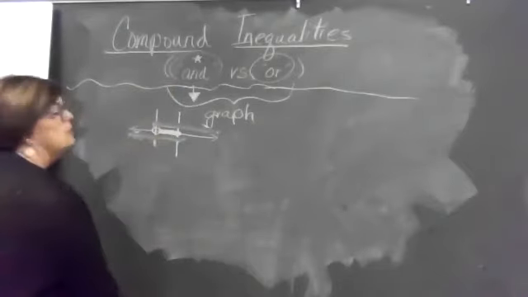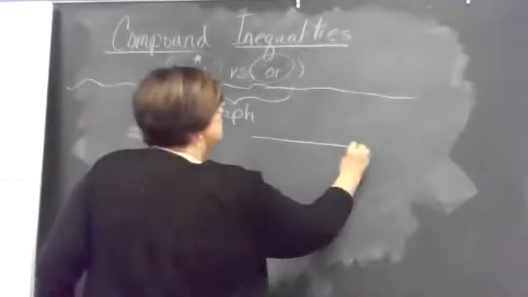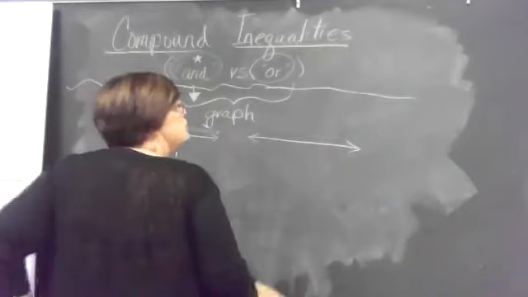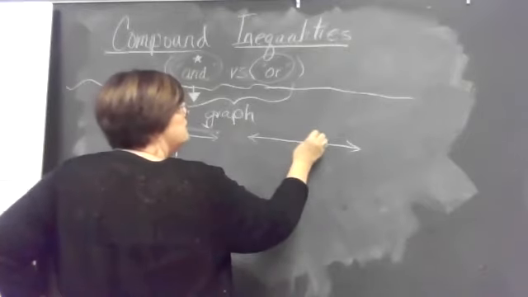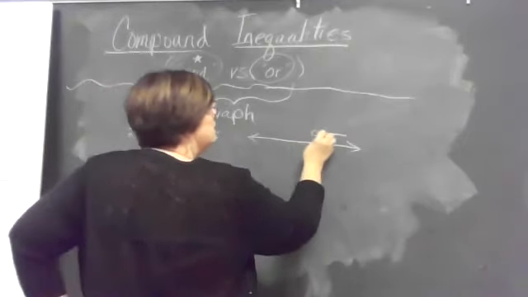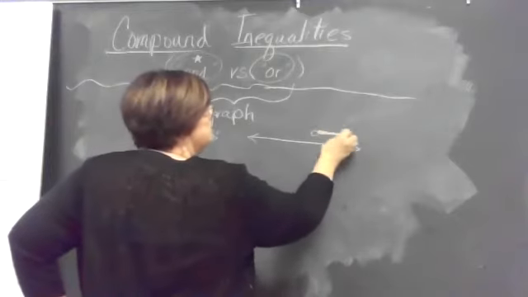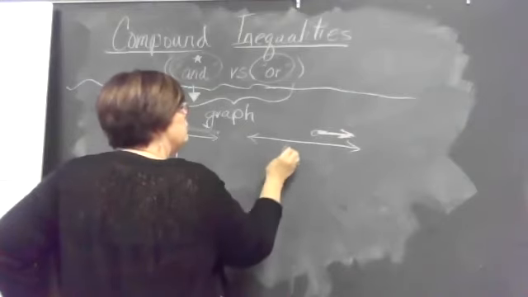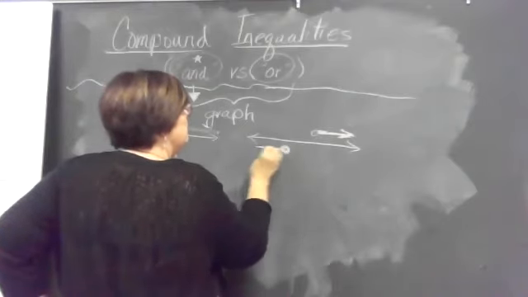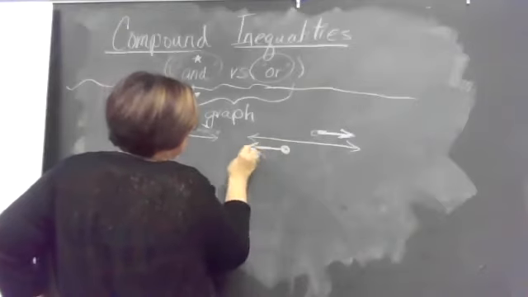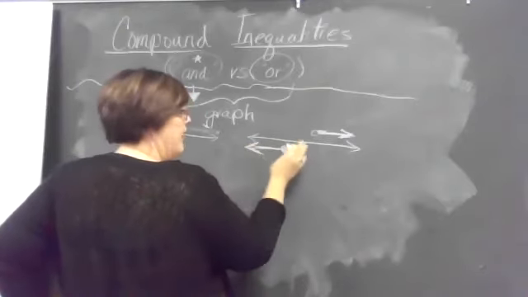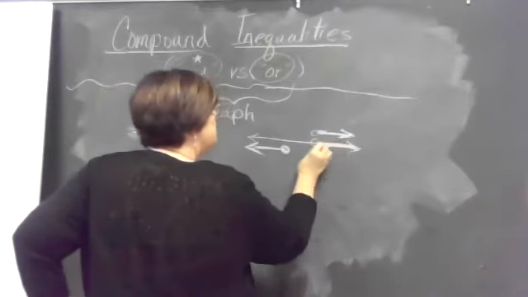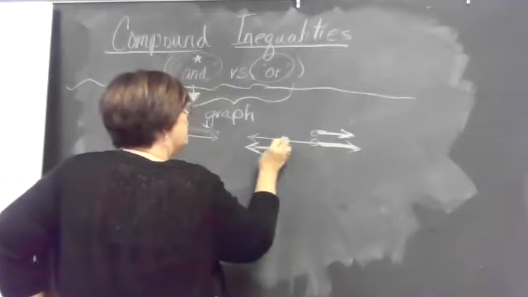Now, or means you graph everything that they say. So if the first equation we graph is like this, and the second equation we graph looks like this, then the actual graph that you're going to show for an answer is all of this, all of this.